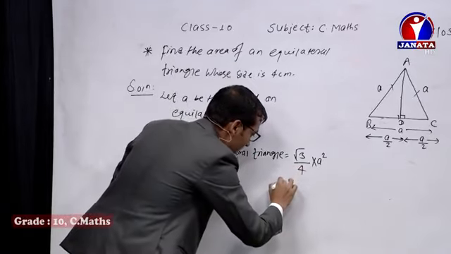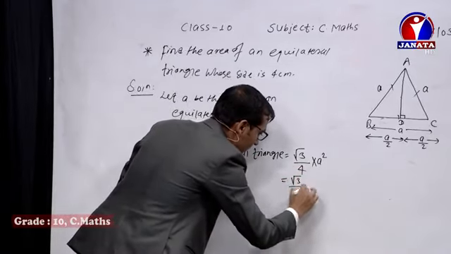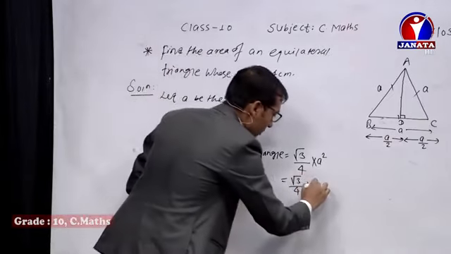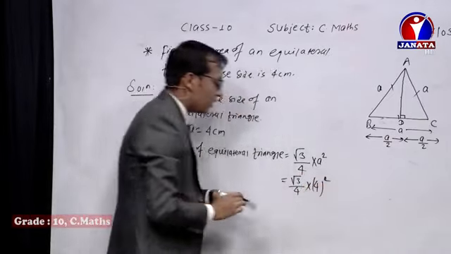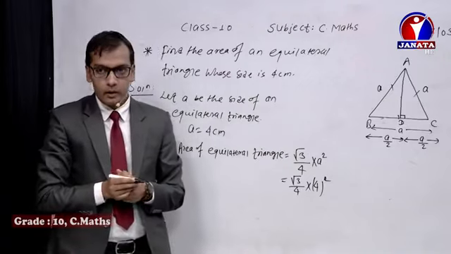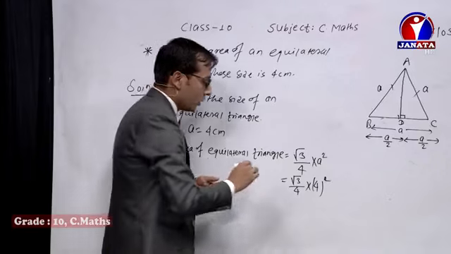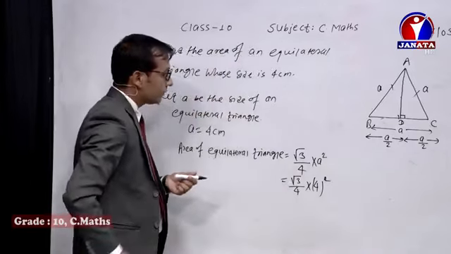So what is A? A is the length of a side, it's 4, so 4 square. Now we can just calculate this and find its area. So let's calculate what is the area.